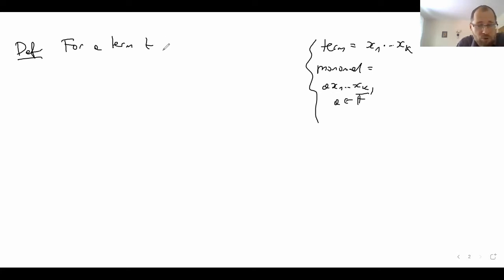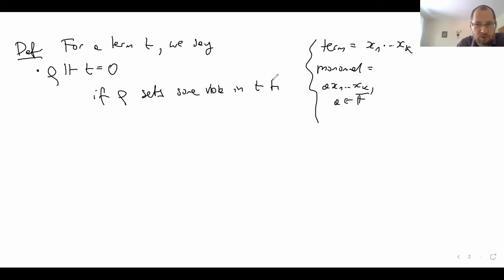Okay, so for a term t, I will say how you read this notation in a moment: rho, strange symbol, t equals 0 if rho sets some variable in t to 0.